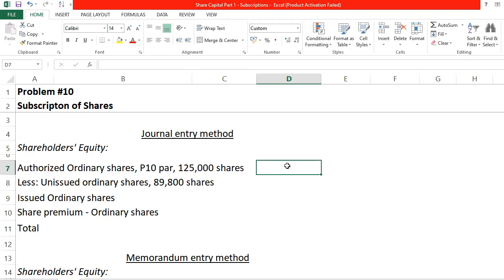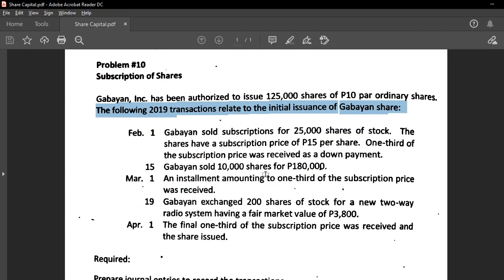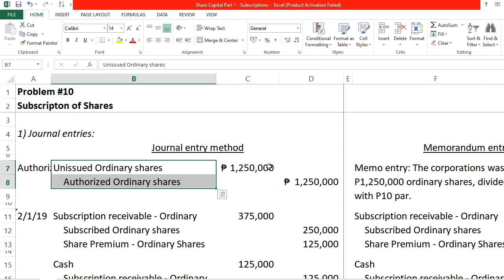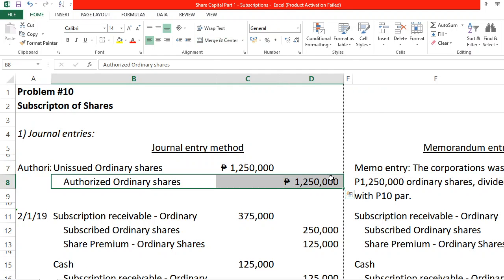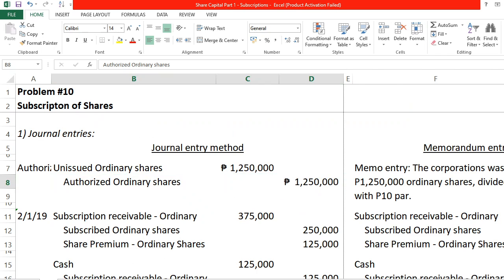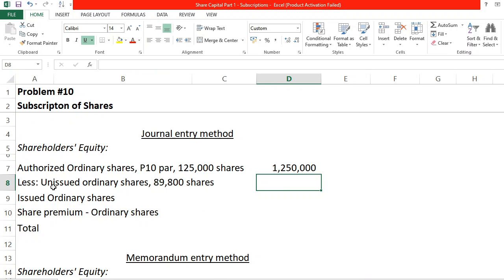method, will also change. So, under the journal entry method, first, we are going to recognize the authorized ordinary shares. That is 1 to 50. Right? That's our entry number 1. We recognize first the authorized ordinary shares, 1 to 50. And then, we are going to deduct the unissued ordinary shares.